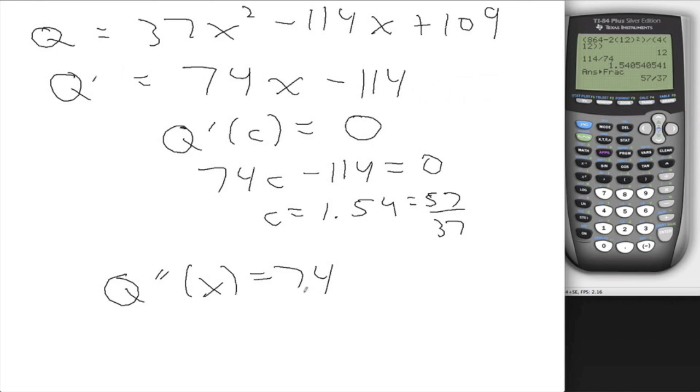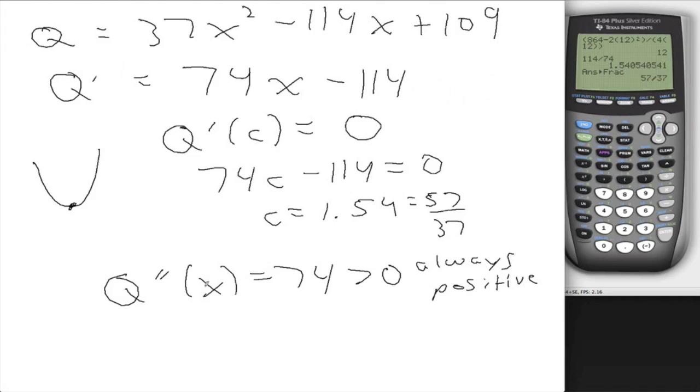Absolute minimum, yes. The key thing here is that 74 is always positive. If it was only positive at the critical number, that would only prove a local minimum. But since it's always positive, we know that the graph looks like this, and this is the absolute minimum because this is concave up everywhere.